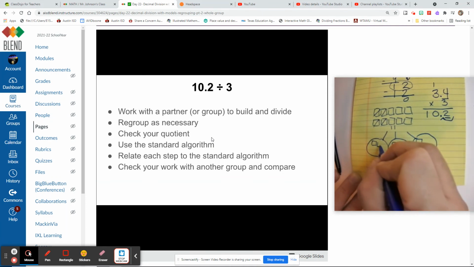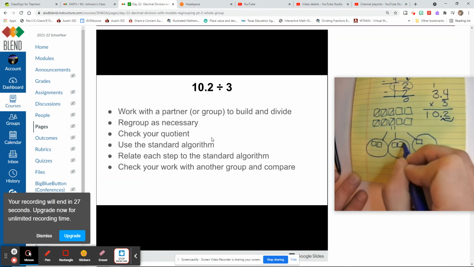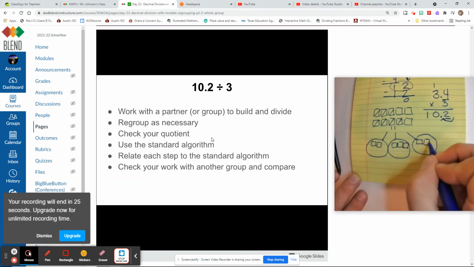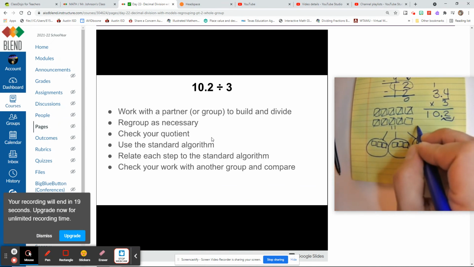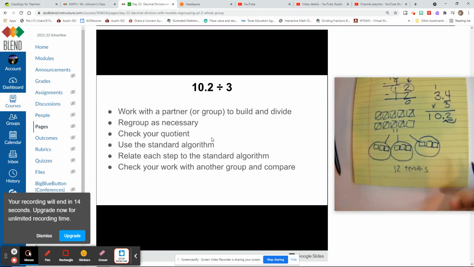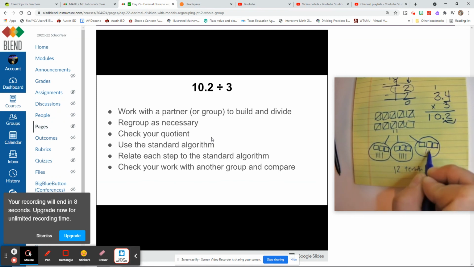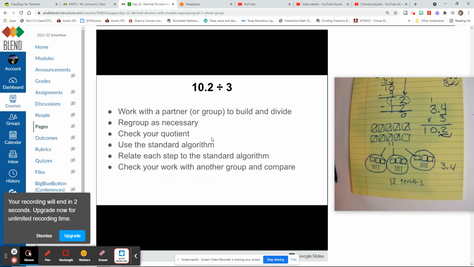And also, if you know that 3 times 3 is 9, then you know that 3 wholes would go in each group. And then we would have 1 whole and 2/10 left over, otherwise known as 12/10. And if we split up 12/10 into 3 groups, that would be 4/10 in each group. So we have 3 wholes and 4/10 in each group, which matches our algorithm. Hooray!